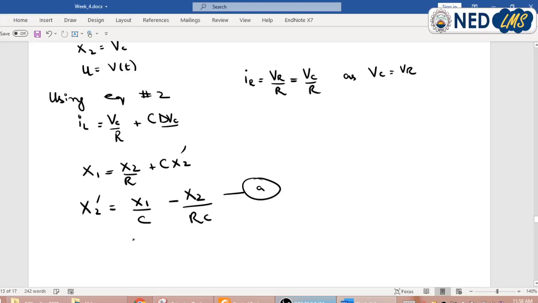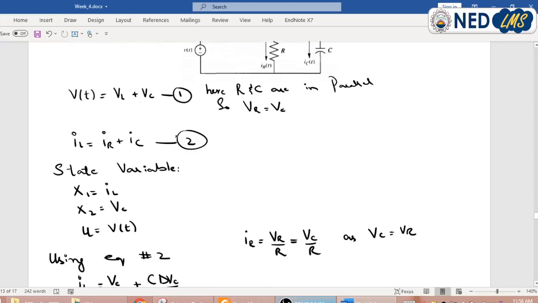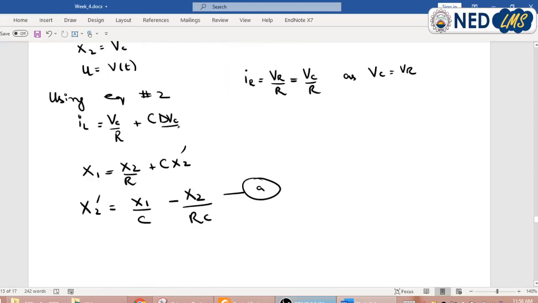Second equation can be evaluated with the help of equation number 1. You can write using equation number 1 here. This equation is basically input voltage is equal to capacitor voltage plus inductor voltage.